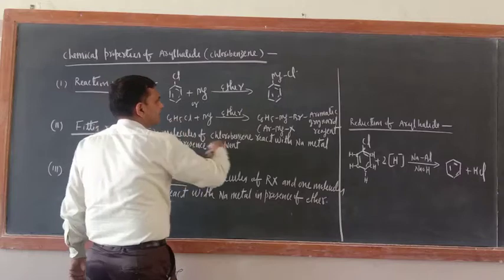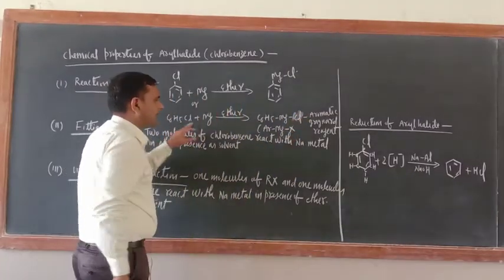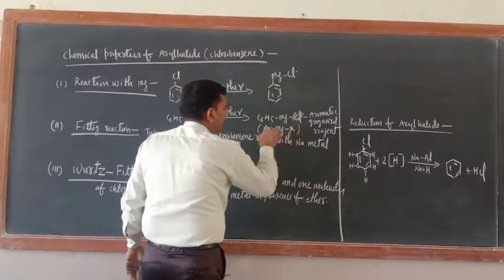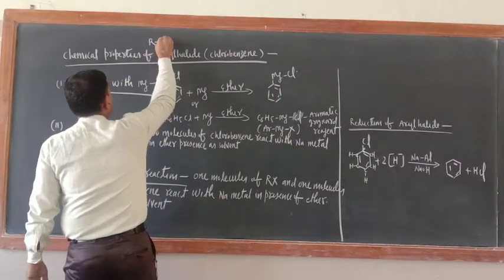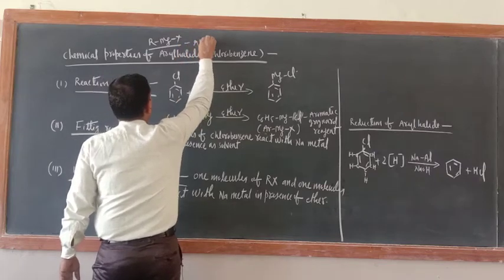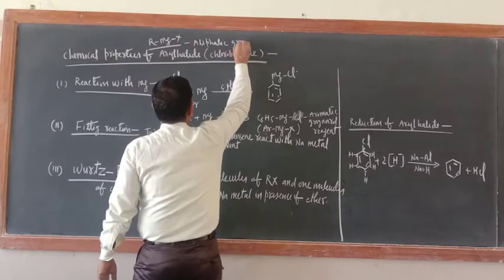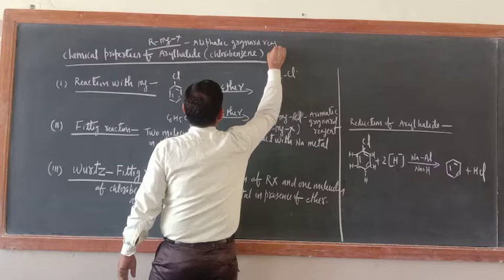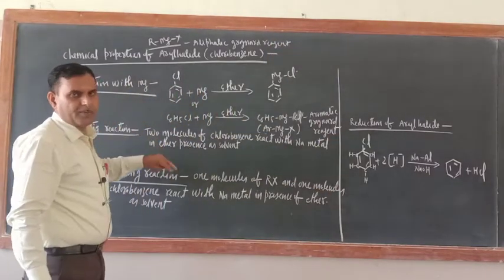Now here I took Cl, so here also you can take Cl. If you take Br, this is C6H5MgBr. Ar means aryl group, and in that case what was there? RMgX. This is an aliphatic Grignard reagent. So just see, Grignard reagent is of two types, aliphatic and aromatic.